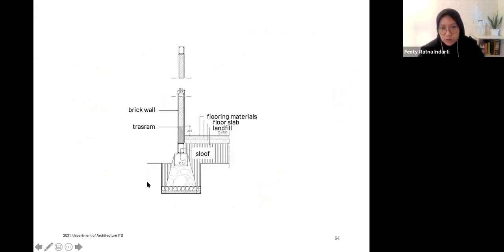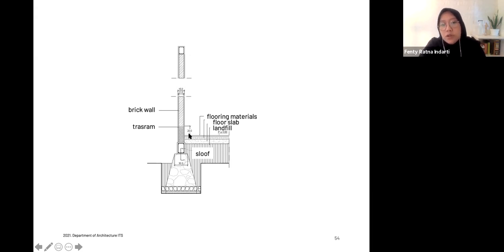This is a very simplified construction drawing of walls. You have understood the substructure, so we are talking about the superstructure, specifically walls here. On top of the sloof, you have truss ram, and usually it's about 20 centimeters above the zero elevation of the floor here.